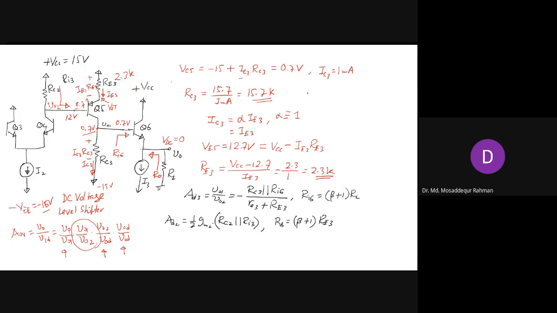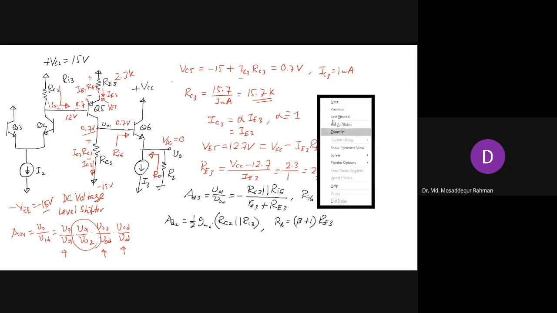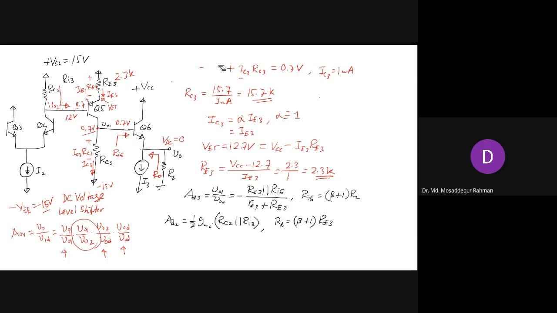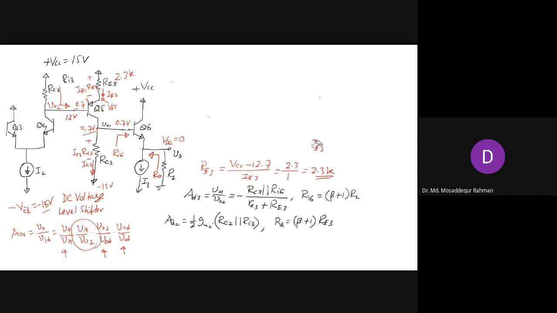So what will be the output resistance here?